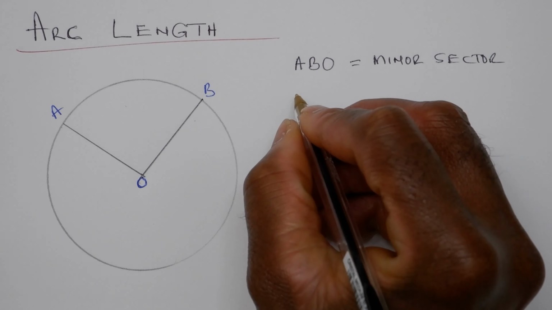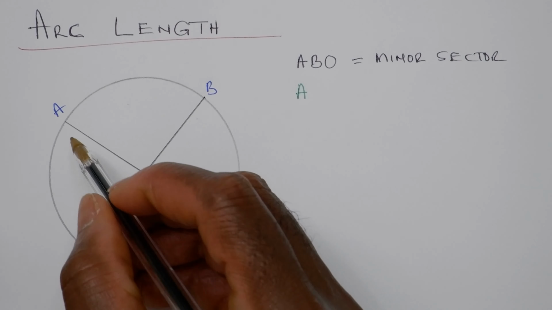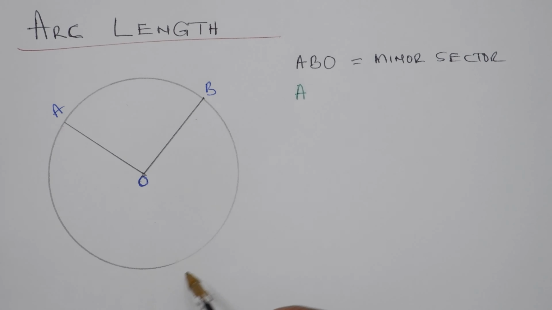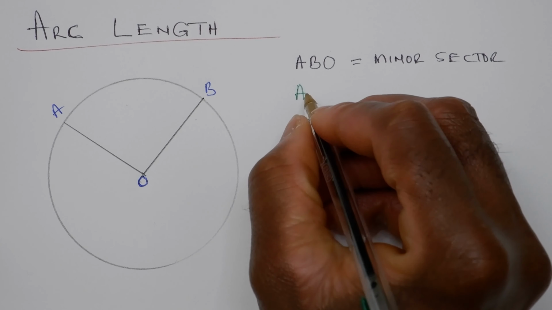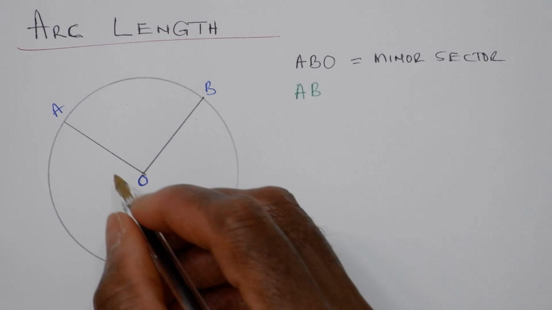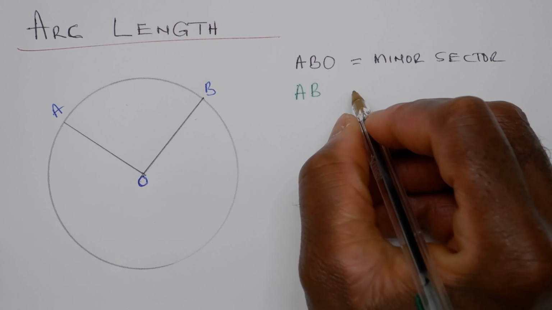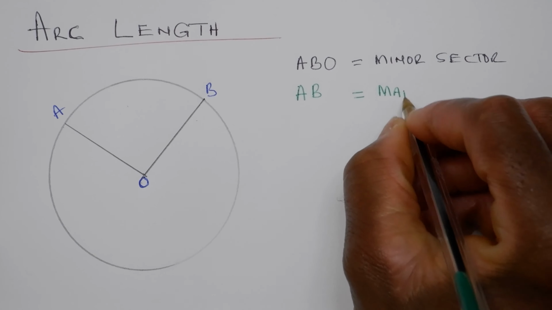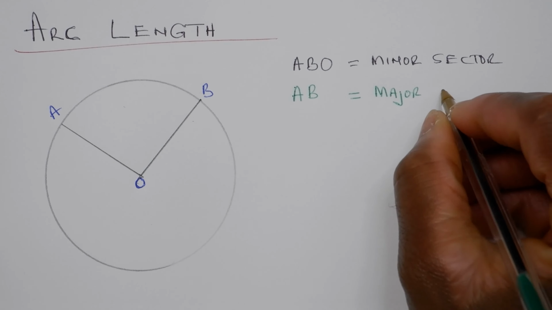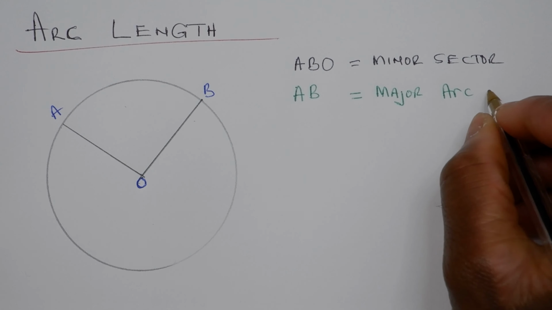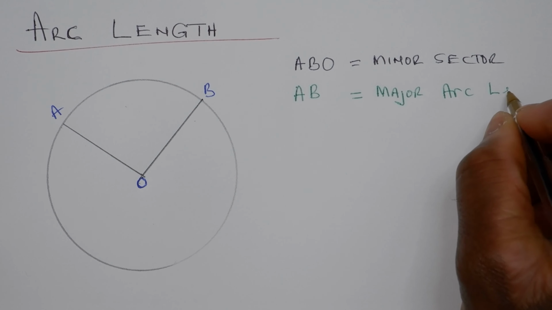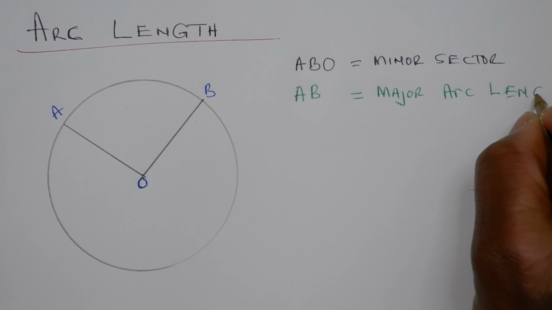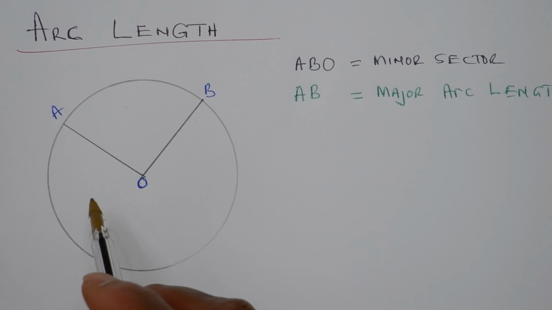And what about the length A all the way to B, AB? That is basically a major arc length.